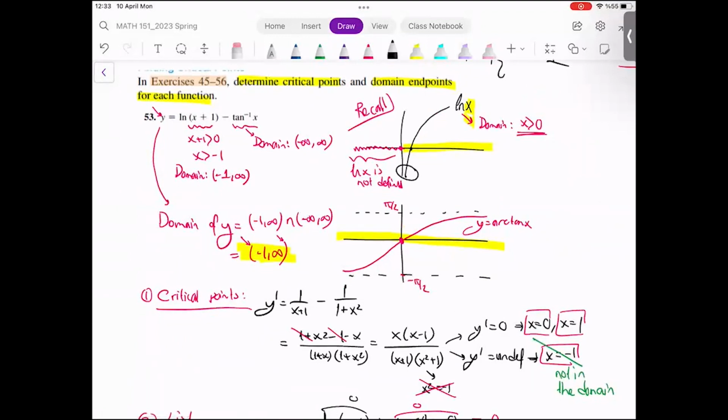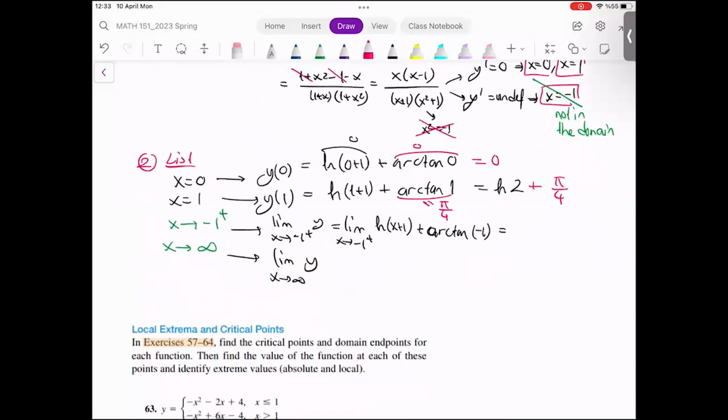What is ln 0 from right? This part tells you what happens to the ln function if you approach 0 from right. It diverges to -infinity, you see from the graph? So this part goes to -infinity as x goes to -1 from right. So this is a finite value. Whatever it is, it's a finite value. By the way, it is -45 degrees, but minus pi over 4. Okay, so the result is -infinity.